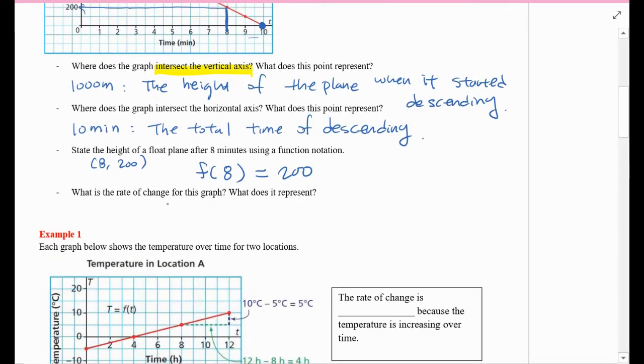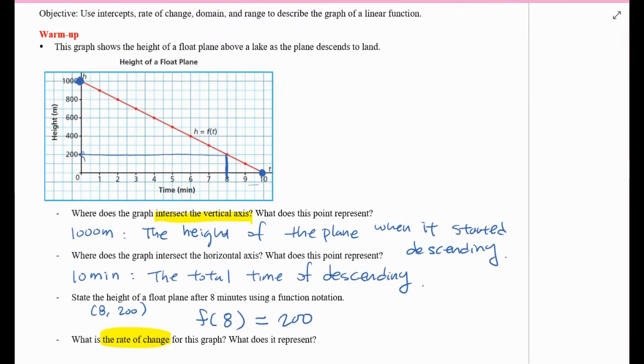What is the rate of change for this graph? What does it represent? Okay, everyone, what is the rate of change? I briefly went over it in chapter 5. So I want you to write it down. Rate of change is the same as slope.